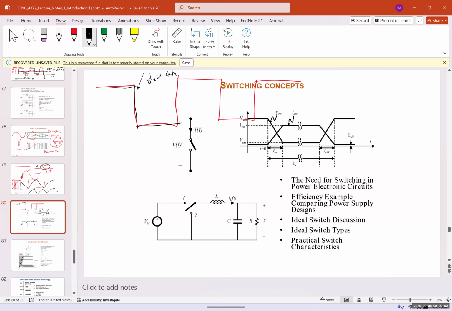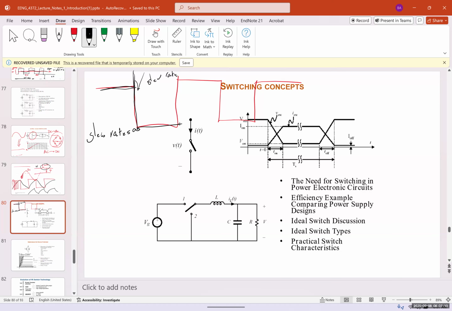And the slew rate, we want it to be close to infinite, meaning we want the tangent of this angle to be close to infinite, so we immediately go from positive to negative and negative to positive, okay?